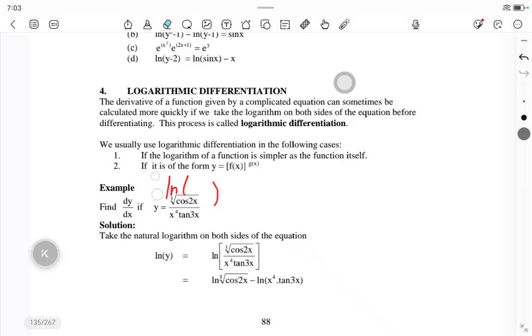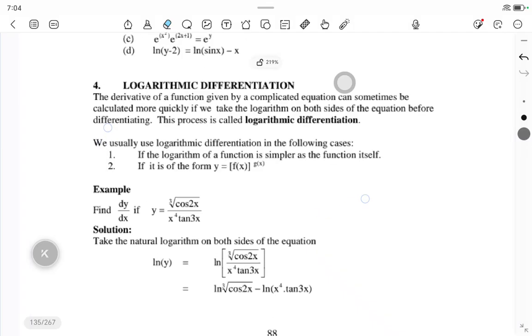First we look at the function we're given. It either has a division, is multiplied, has a root, or has an exponent. If we come across such a case and the function is complex, to simplify it we must introduce ln on both sides.